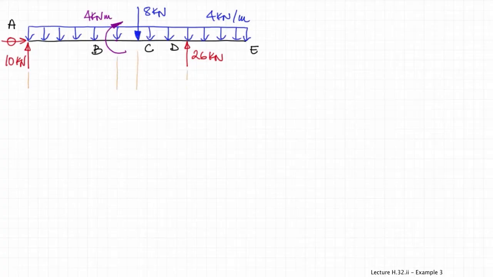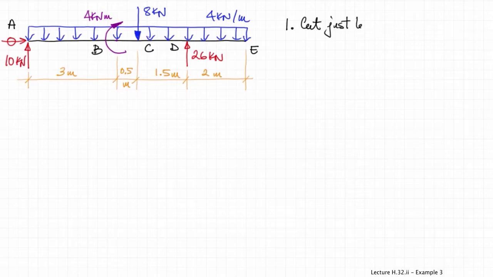Some dimensions. And then, similar to example 2, we will have to see what is happening to the left and right of the concentrated moment that is applied at point B. We will need to see what is the effect of this concentrated moment on the internal force diagrams.